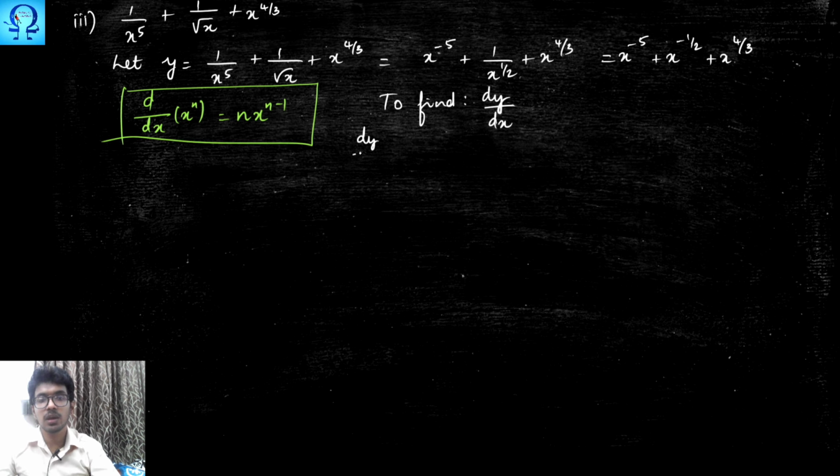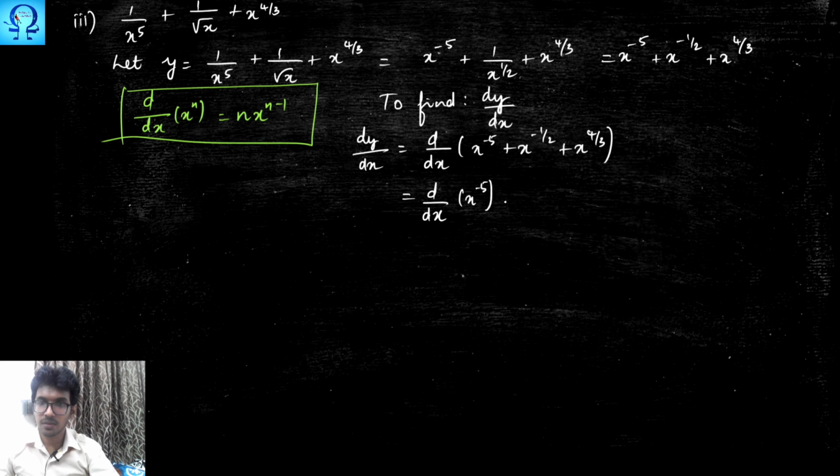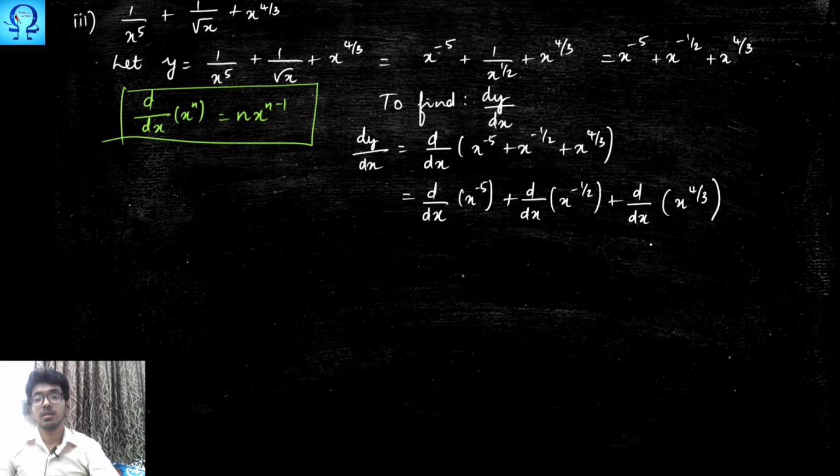Your dy upon dx is going to be d upon dx of x power minus 5 plus x power minus half plus x power 4 upon 3, and this may be written as d by dx of x power minus 5 plus d upon dx of x power minus half plus d by dx of x power 4 by 3. And what is the rule that we have made use of? Sum rule. Here no constant is involved as a multiple, so we don't need to apply the constant multiple rule. We may directly do it.